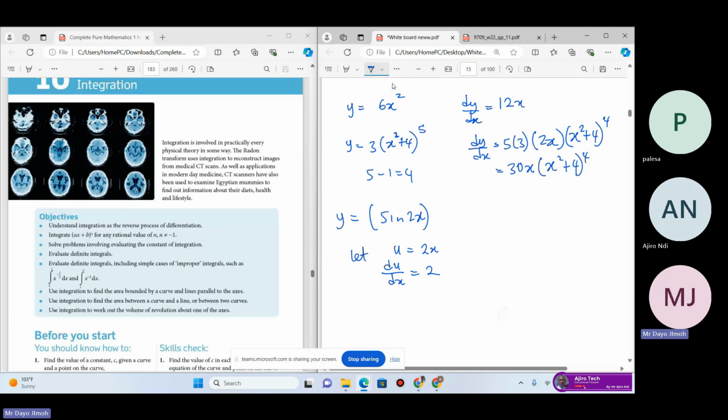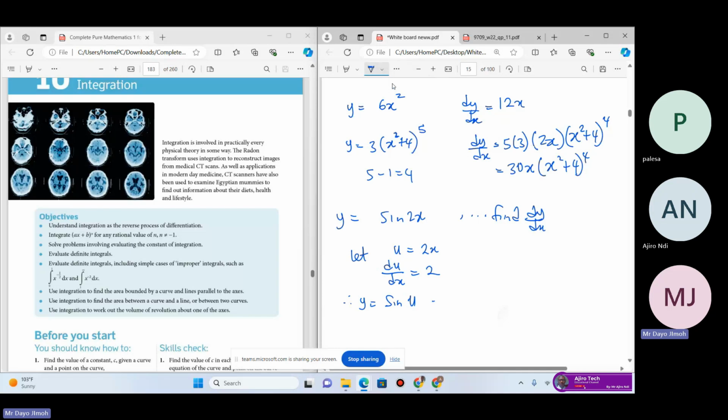Okay, let me start by saying that y is equal to sine 2x. Then I want to find dy/dx. So I'll first of all let this 2x equal to something. So u equal to 2x. Then du/dx is 2, isn't it? Therefore, y equal to sine u, right? So I'm looking for du/dx, but first of all, let me do dy/du.